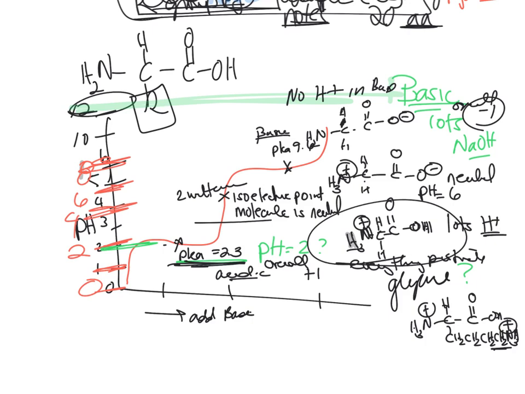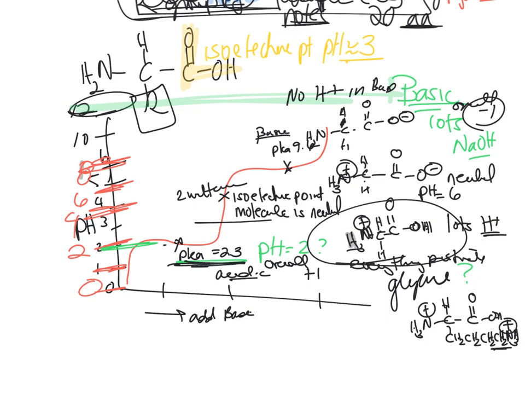So when you have your acidic amino acids, the isoelectric point is about a pH of 3. That's when it's going to cross over to the negative.